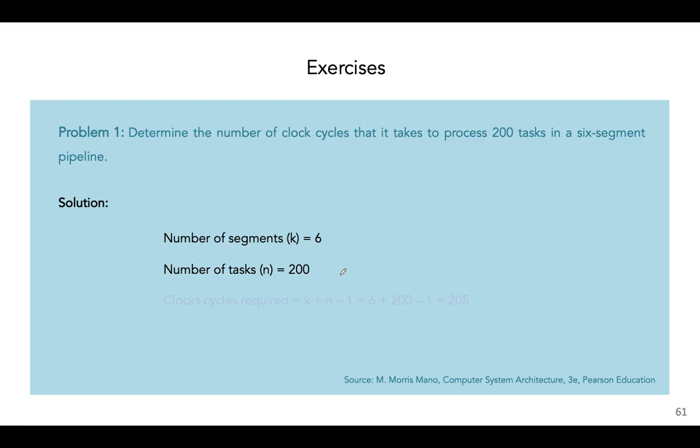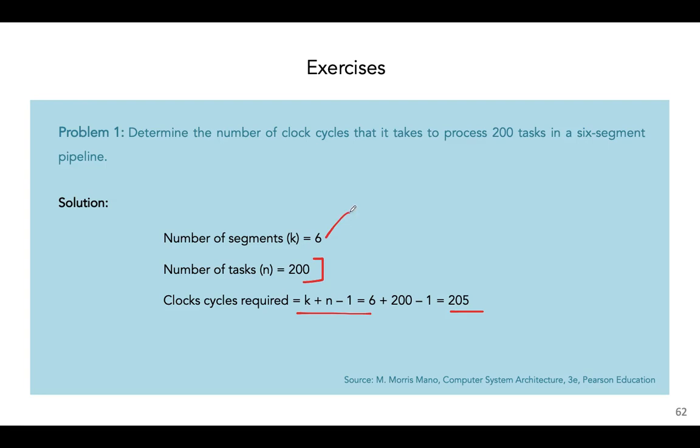The formula for computing the number of clock cycles required was K plus N minus 1. Simply putting all the information into the equation, we get 205. So we require 205 clock cycles to process these many tasks in this sized pipeline.